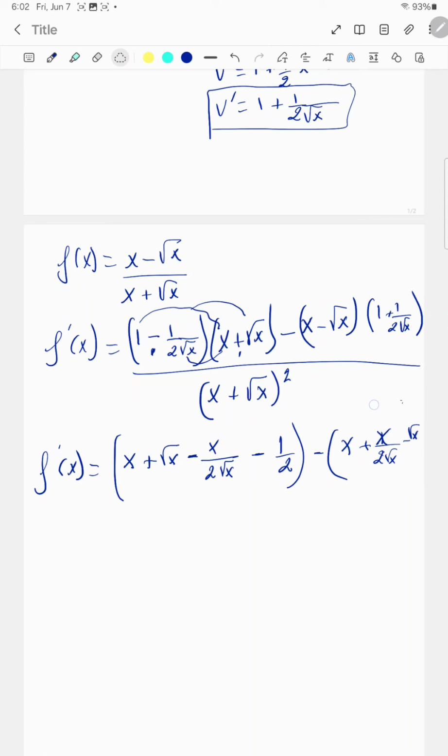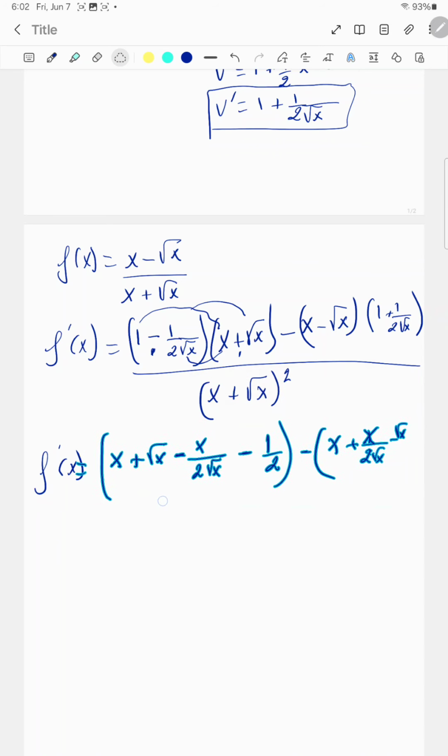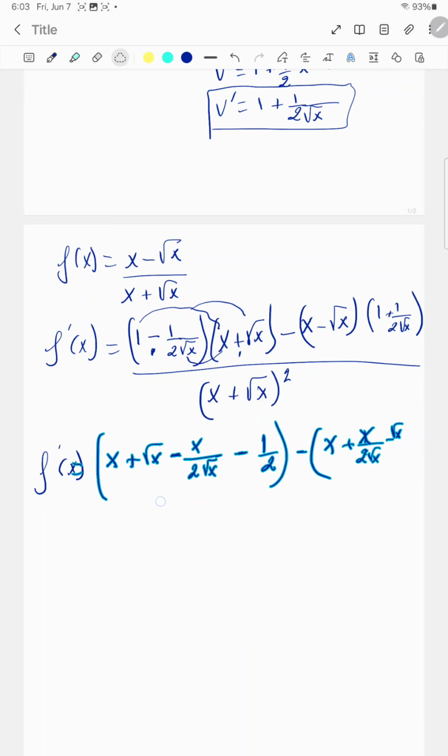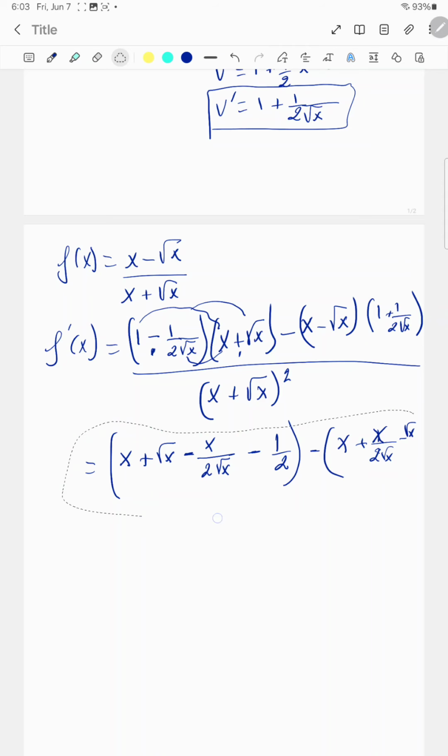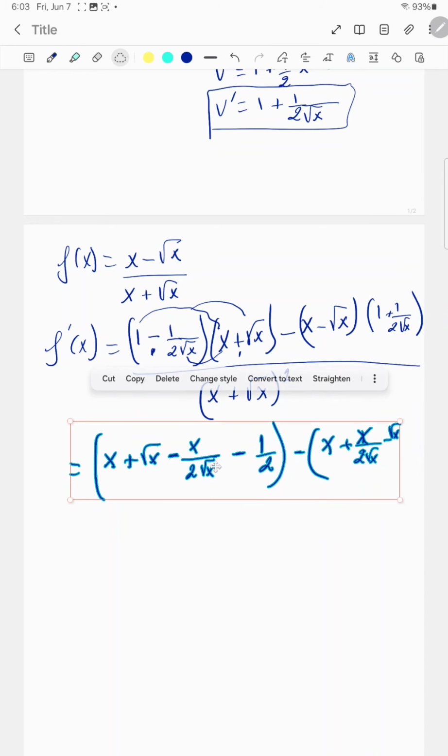Let's erase this and squeeze it to the right. So this is f prime of x.